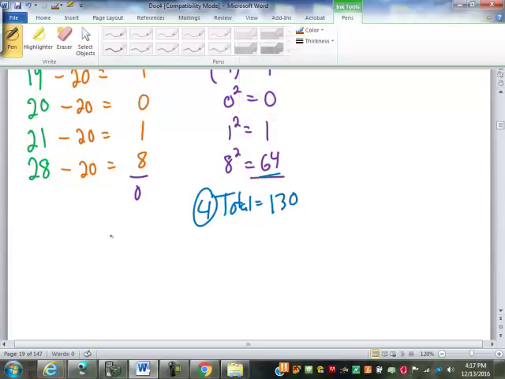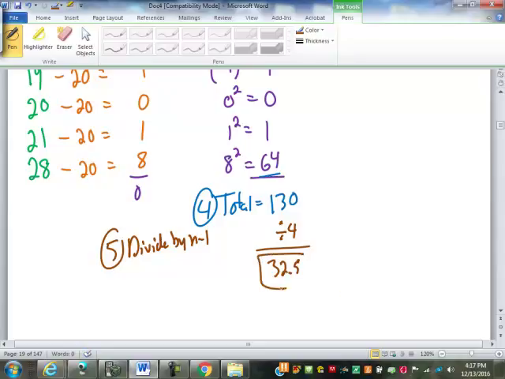Step 5. Divide by n minus 1. What am I going to divide by here then? N is how many? How many are in the list? 5. So what's 5 minus 1? 4. So divide by 4. You get 32.5. What's this number called?